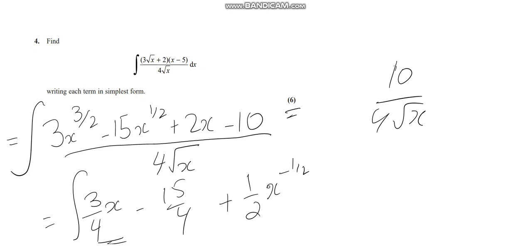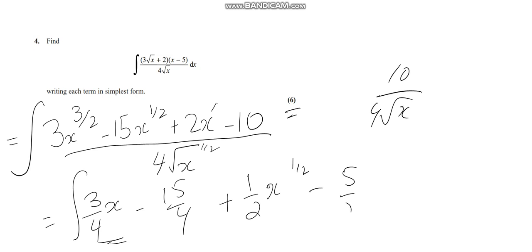Oops, I made a mistake here. There was a 2x there. Let me correct it. So I had a 2x, so this is 1 minus half, which is a positive half, but the power changes. 10 upon 4 root x will become minus 5 upon 2 x to the minus half.